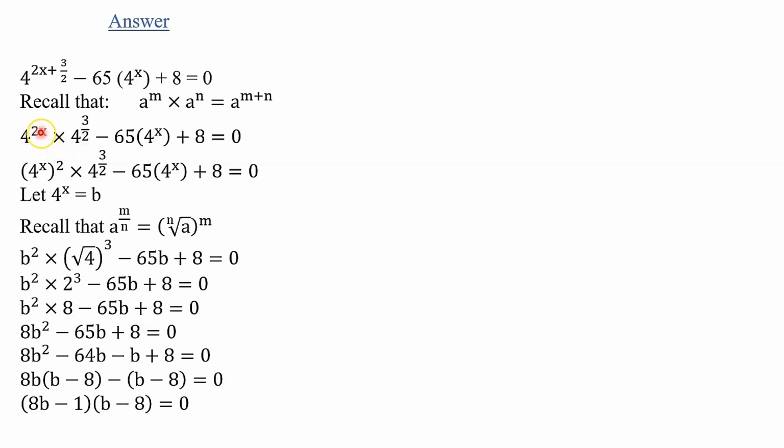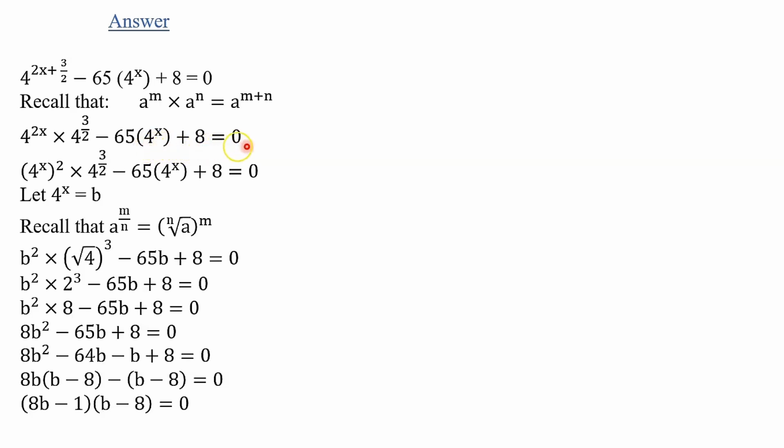That is how we have 4 to the power of 2x plus 3 all over 2. Then, to bring it back and introduce the second base, which is 4, we introduce a multiplication sign. Therefore, we have 4 to the power of 2x times 4 to the power of 3 all over 2 minus 65 into bracket 4 to the power of x plus 8 is equal to 0.